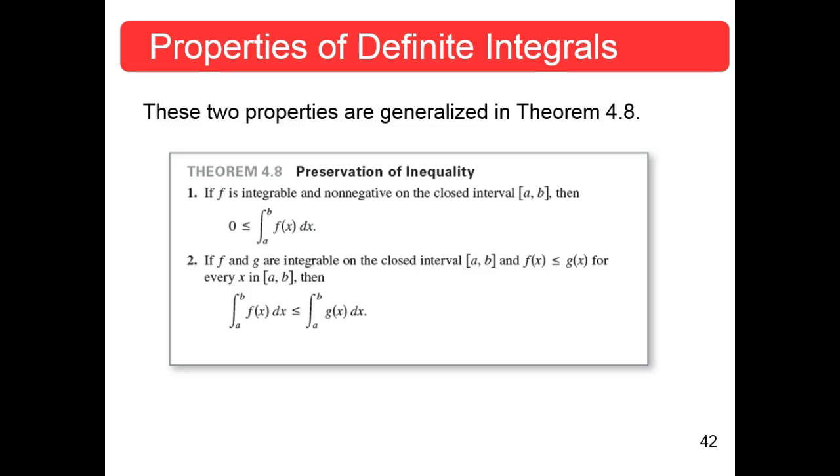If f is non-negative and you're integrating that, the area under that has to be greater than or equal to 0. Now, if f is 0, then it would be exactly 0. That would be fine. And if f and g are integrable on the closed interval a to b, and f of x is always less than or equal to g of x for every x from a to b, then the integral of f of x from a to b is less than or equal to the integral from a to b of g of x.